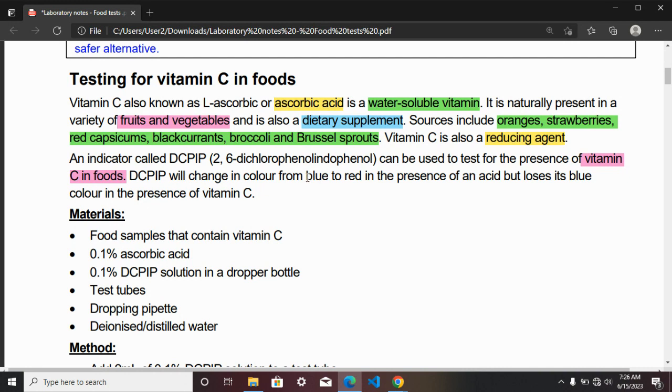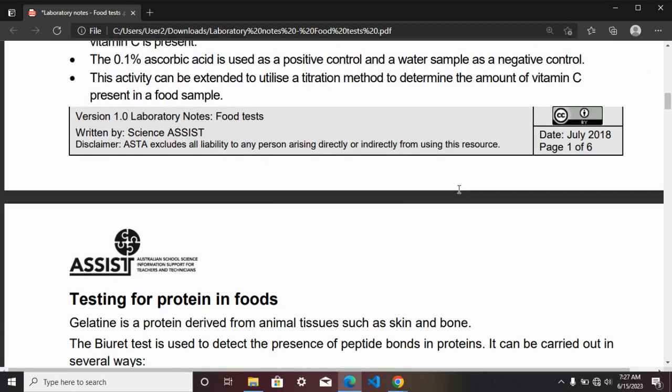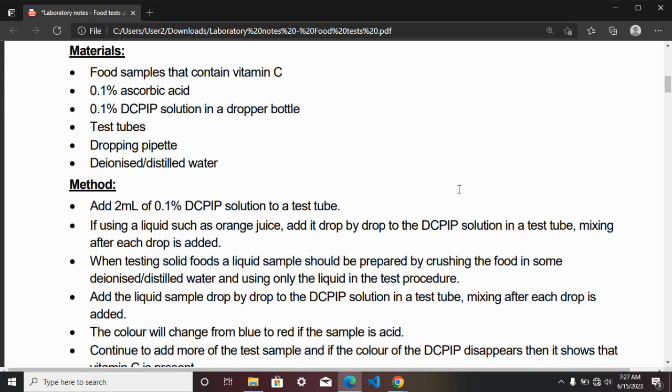DCPIP changes from blue to red in the presence of an acid, but it loses its blue color in the presence of vitamin C. It means if there is an acid present, the blue color will change, and it will also lose the blue color if vitamin C is present. So let's see what will be happening here.